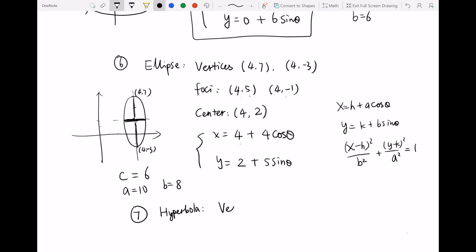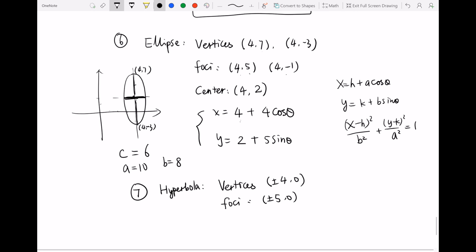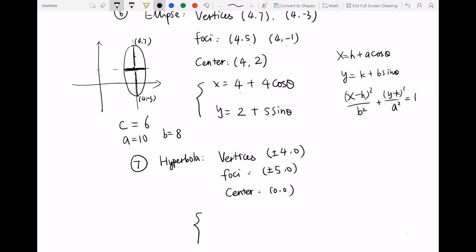Okay, so 7, hyperbola. If I give you vertices at positive, negative 4, 0, and I give you foci at positive, negative 5, 0, and the center at 0, 0, find the parametric equation for the hyperbola.